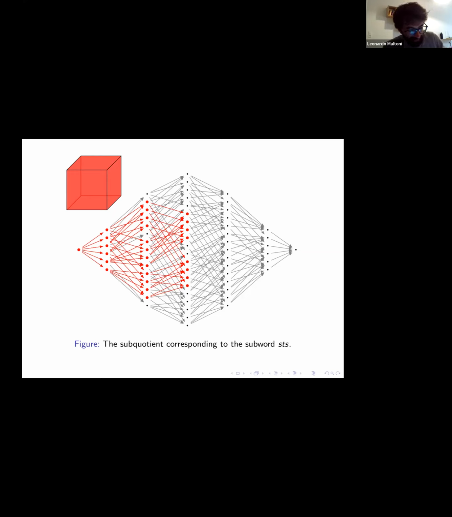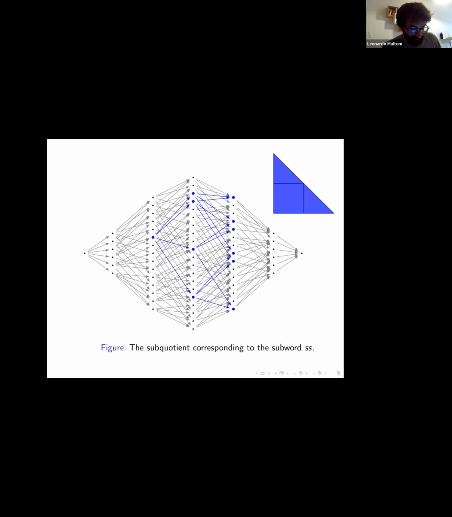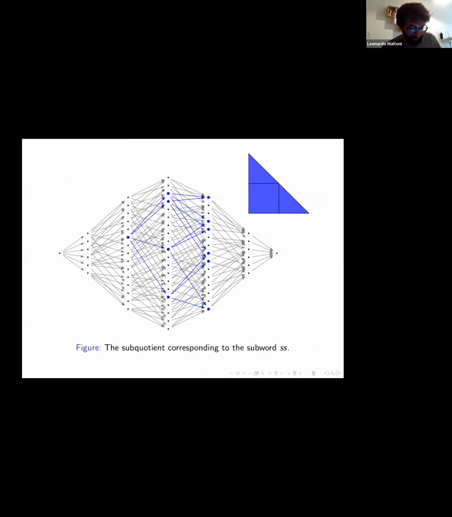And actually, it amounts to saying that the cube is a contractible CW complex for the case of STS. If we take another subword, for example, SS, then it corresponds to another subcomplex, which is associated to another CW complex, which in this case is this blue square with 2 triangles. And the contractibility of this CW complex amounts to saying that this subcomplex of the Rouquier complex, sorry for all these complexes, can be contracted to a single object.